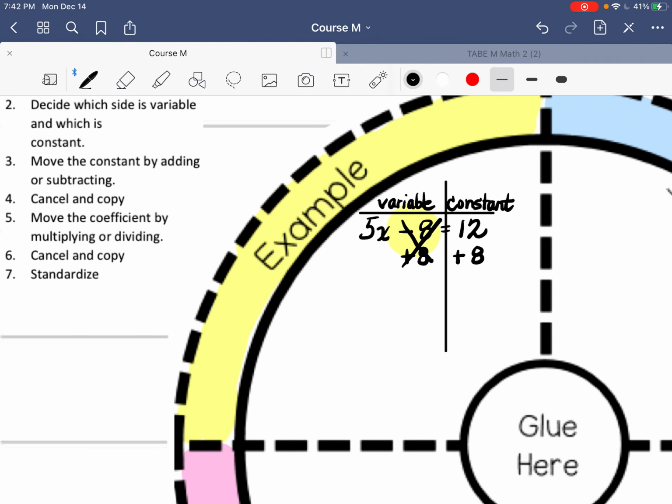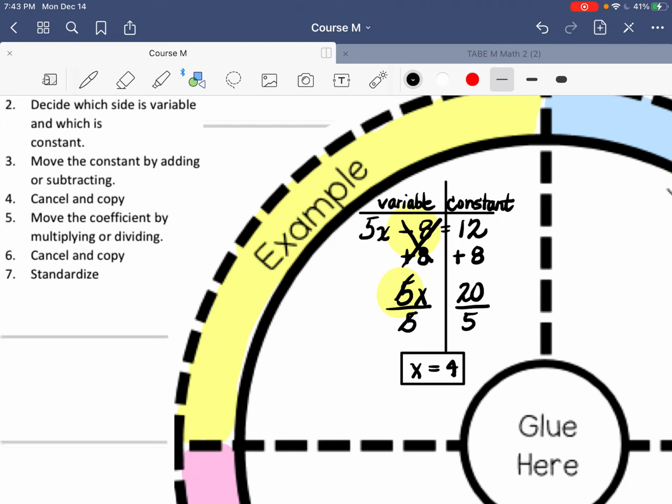Cancel and copy. 12 plus 8 is 20. Move the coefficient by multiplying or dividing. In this case, we have to divide it. Divide both sides by 5. Cancel and copy. So x is 4.